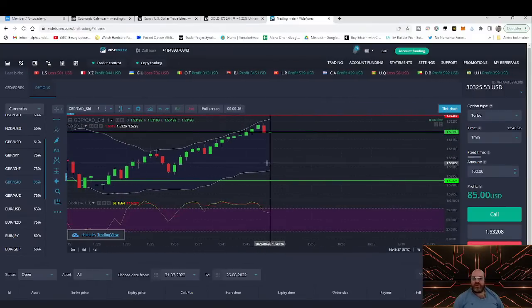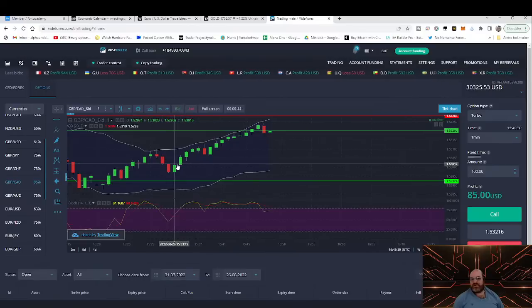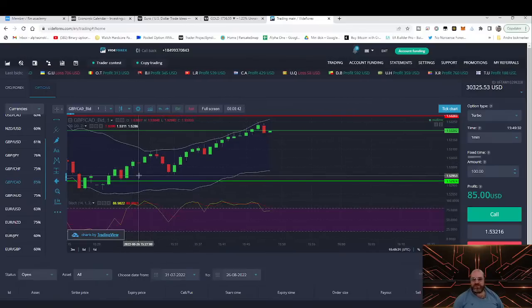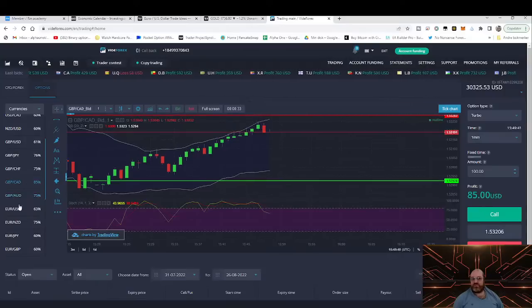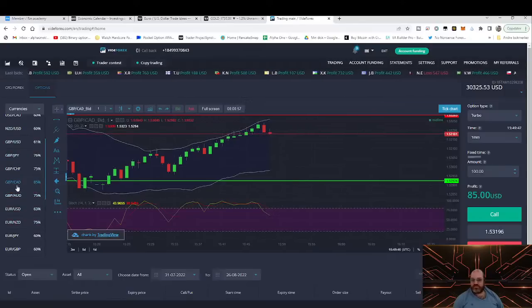But the reality is that if you backtest it 100 times, yes, you win more than you lose, but you don't win enough to go in profit, because you do not get 100% of the market back. You typically get like this, which is quite high actually. Some brokers give even less than this. So even with the 85%, you will lose money with the MACD strategy.